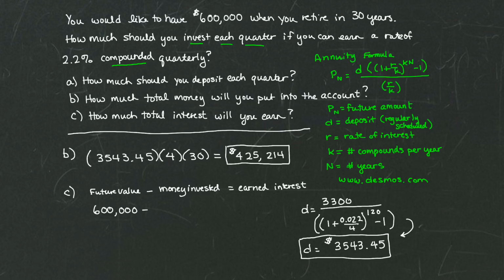And from that, I'm going to subtract the money from Part B, which I found was how much I invested, $425,214.